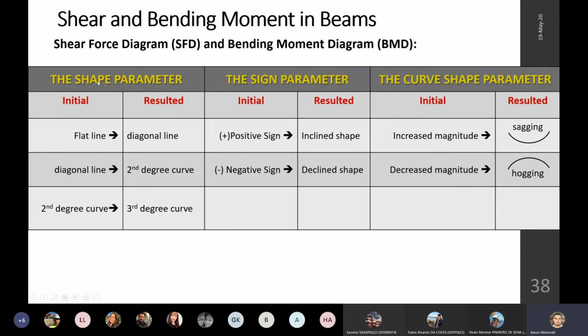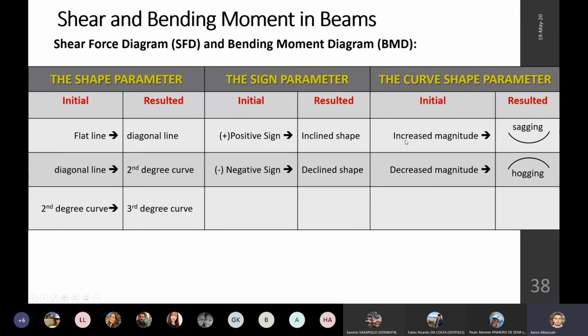But we start first, what is the shape? That's the rule about the shape. The sign will tell us the direction. Is it increasing or decreasing? Is it going up or going down? This is the sign here, giving us a result of it. We're getting the direction. Are we going up or down with our shape?